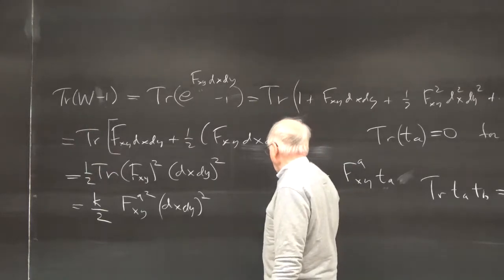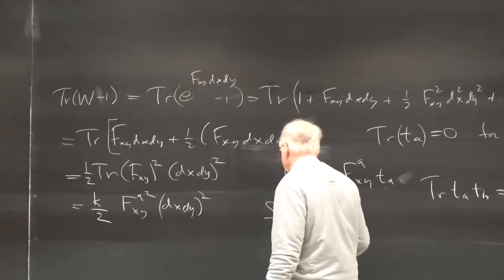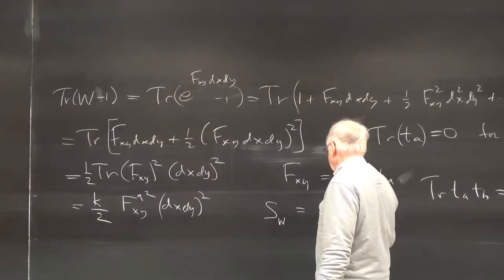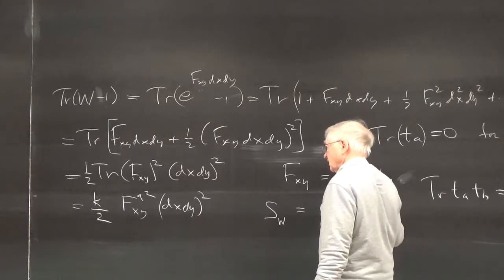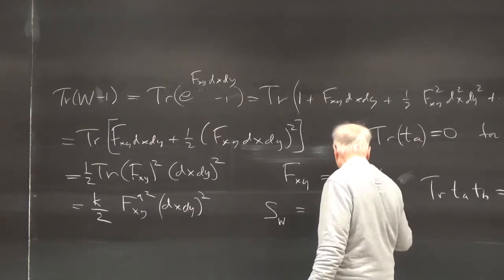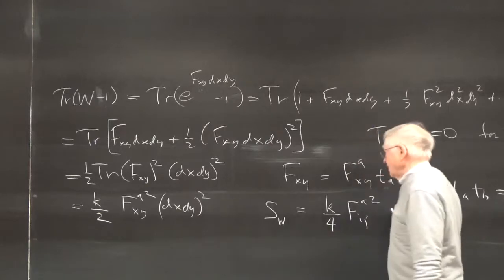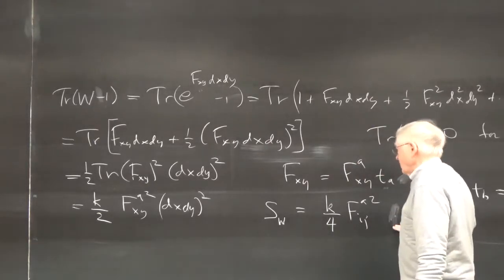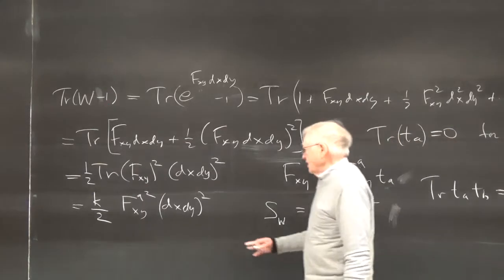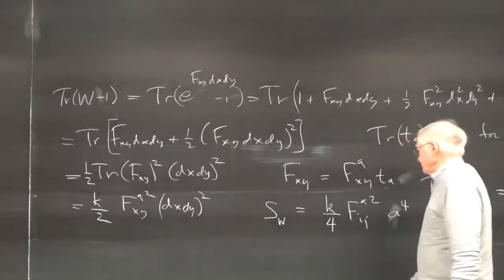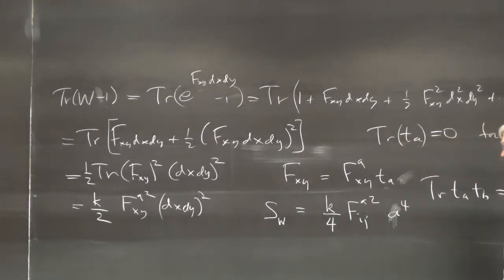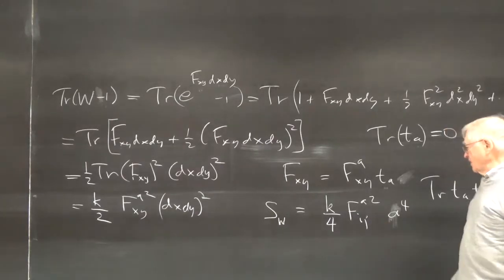And so what one said, that Wilson action then is k over 4 F_ij squared, and here we make dx be the lattice spacing, so this is then a to the fourth. And so that's the expression.